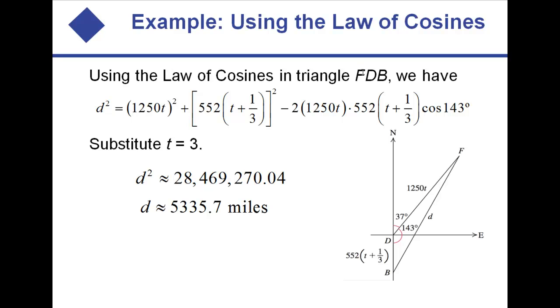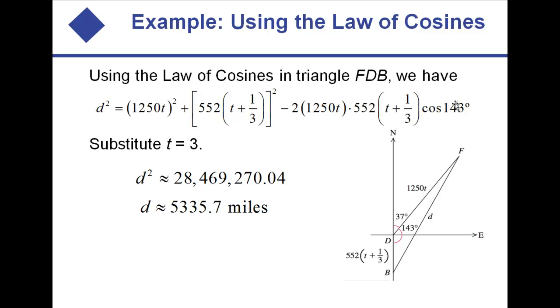If we use the law of cosines, we know that d squared is a squared plus b squared minus 2ab cosine of the angle that is associated with d, right?